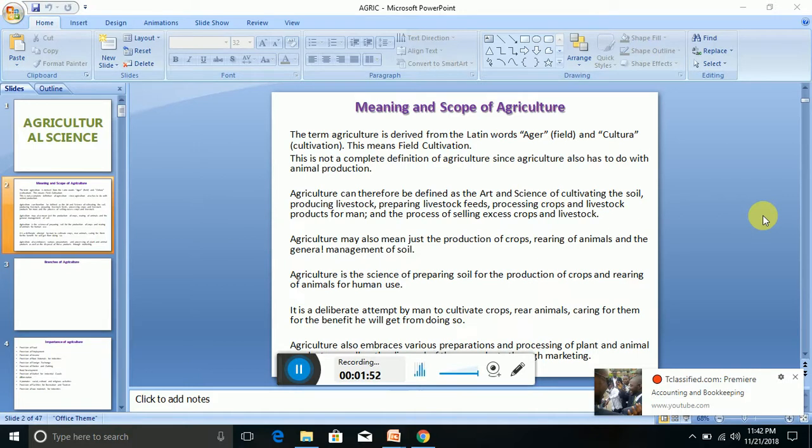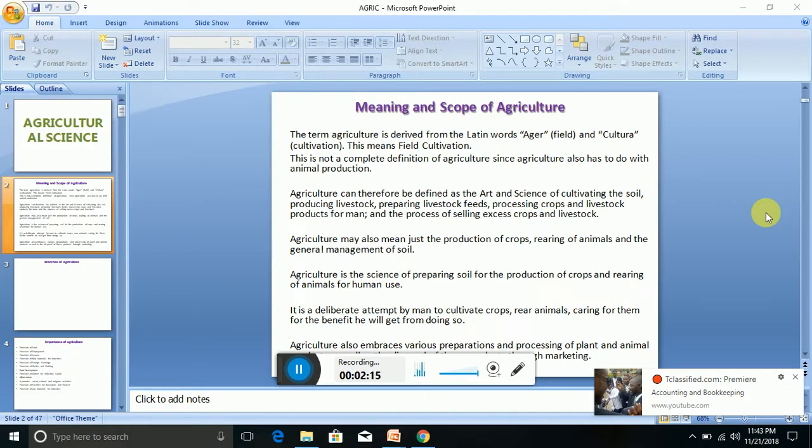So when you need to process these agricultural products of crops and livestock into a form that is consumable by man, and also selling these products. So buying and selling is also involved in agriculture. Selling these crops and livestock to the final users. The totality of all this is known as agriculture.